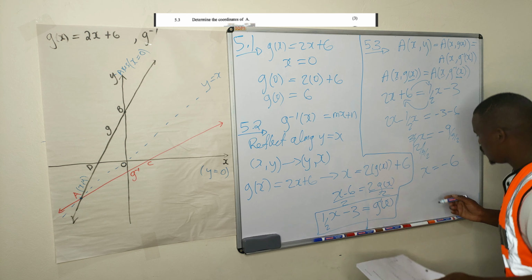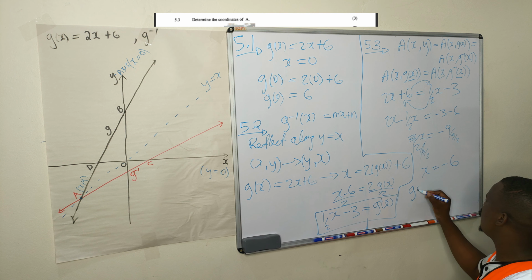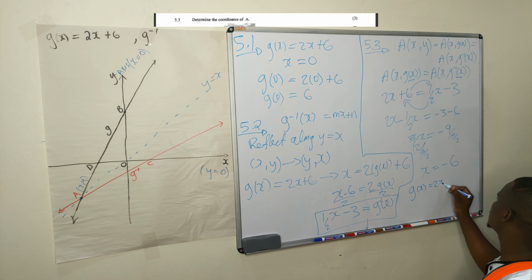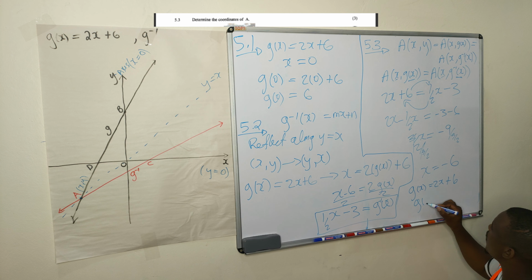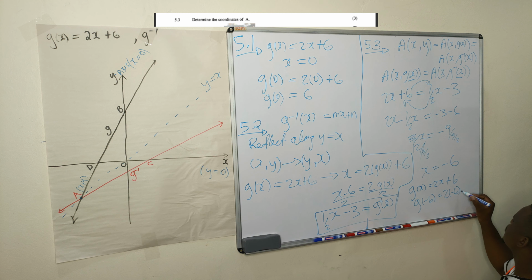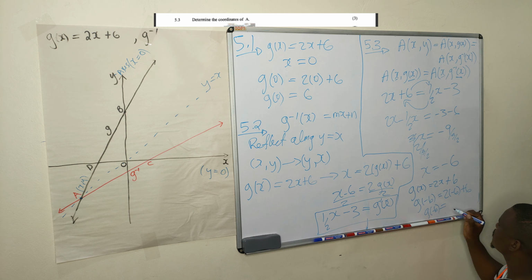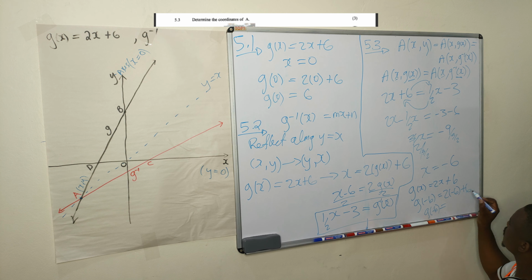So now you have that g of x is equal to 2x plus 6. So g at -6 is equal to 2 times -6 plus 6, which, passed through the calculator, is -6.